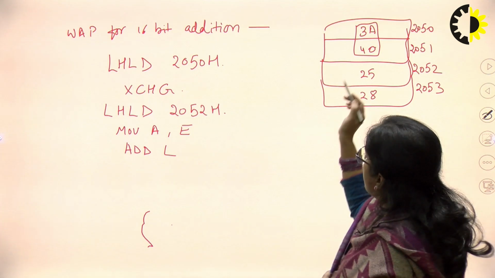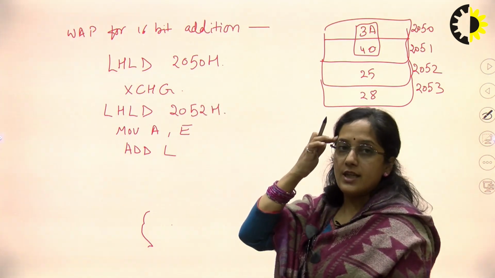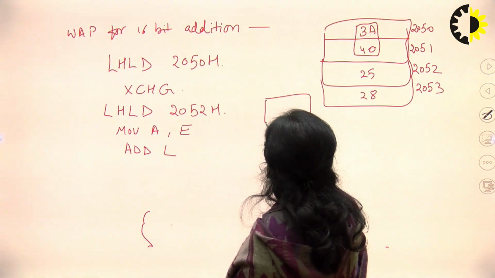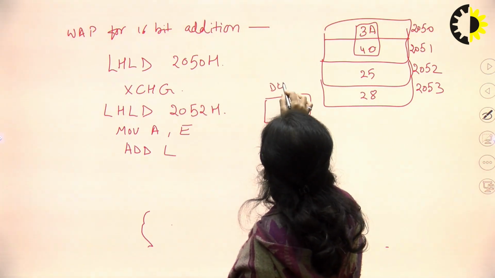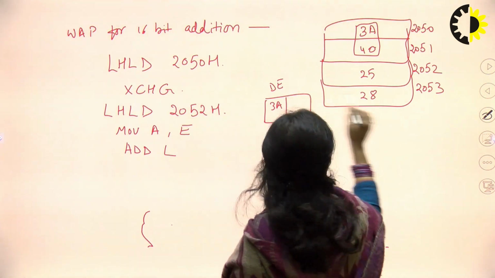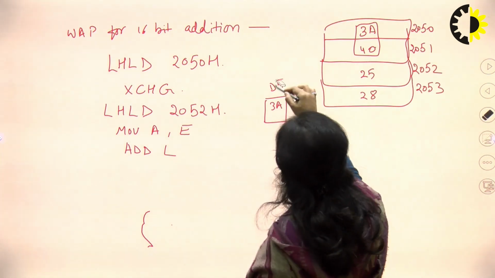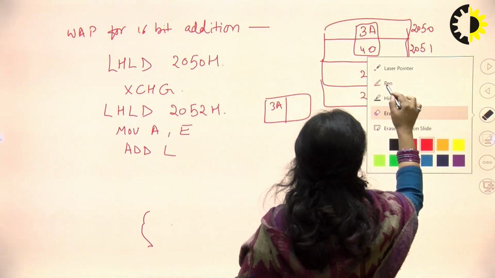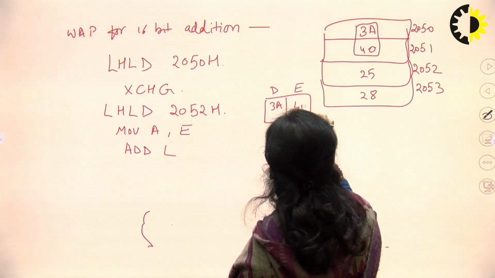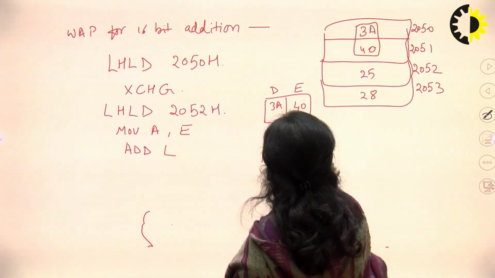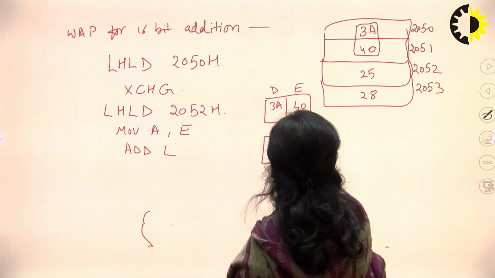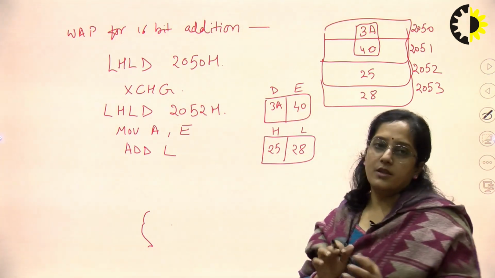We will first get it into HL, then we will exchange it. So now DE will have this data: the D register will have 3A, the E register will have 40, H has 25, and L has 28. So this is our data.